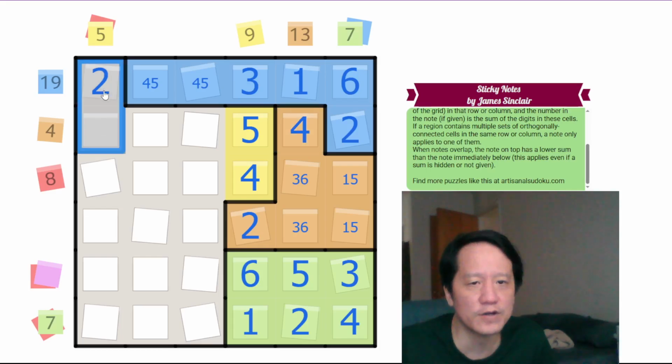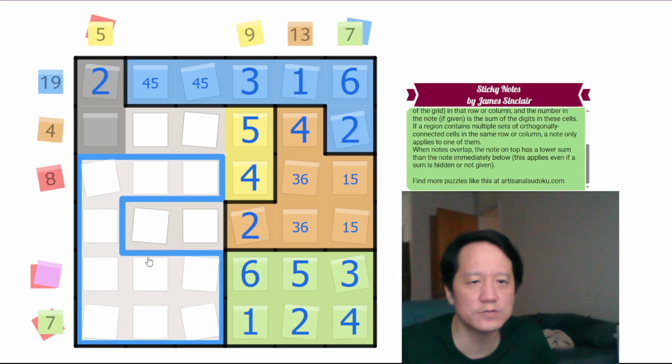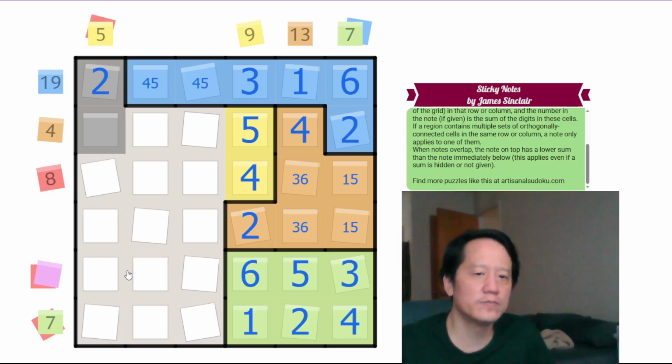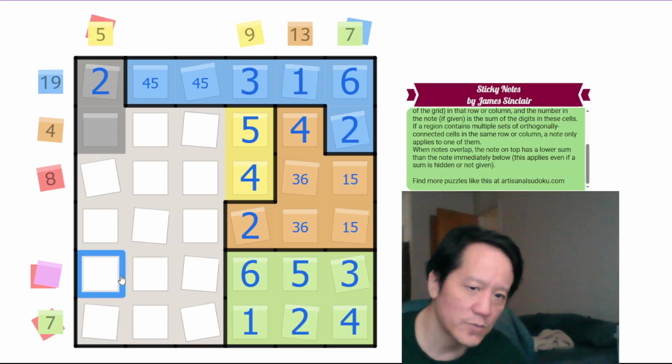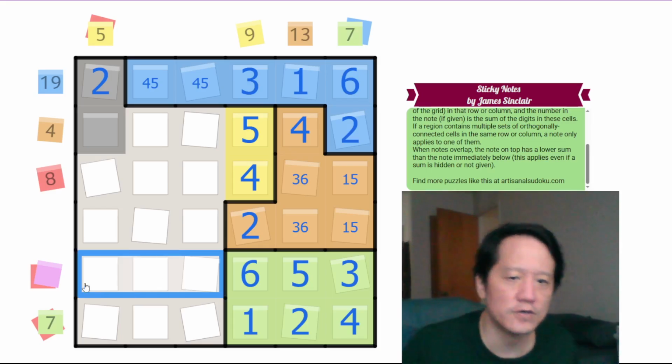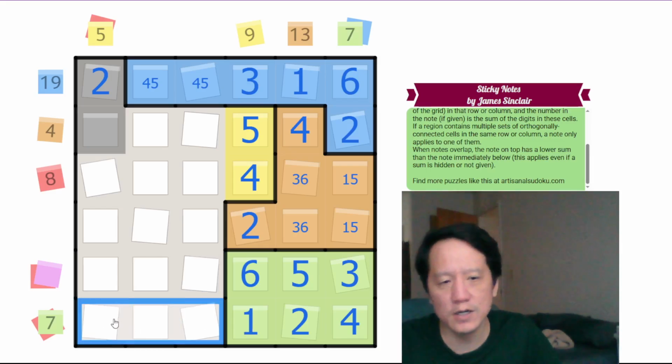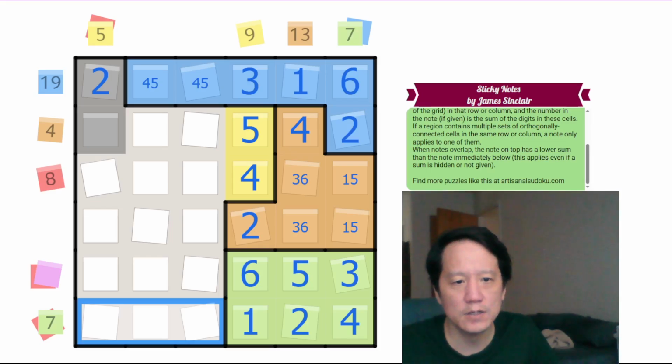So we have 4 there. This could be yellow. We have green here, red in all of these. Remaining digits of row 6, 3, 5, and 6.